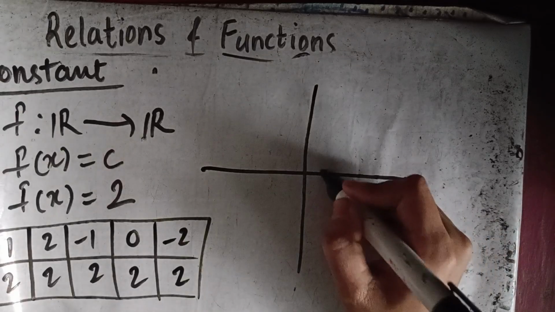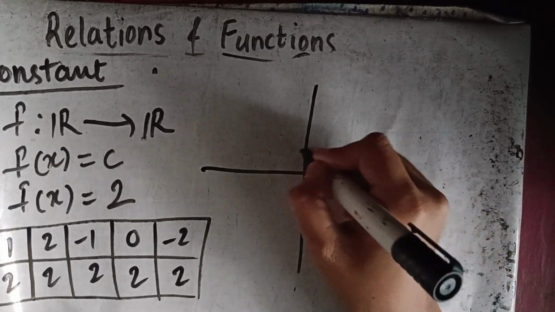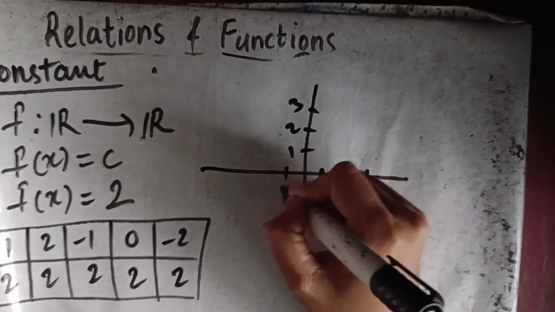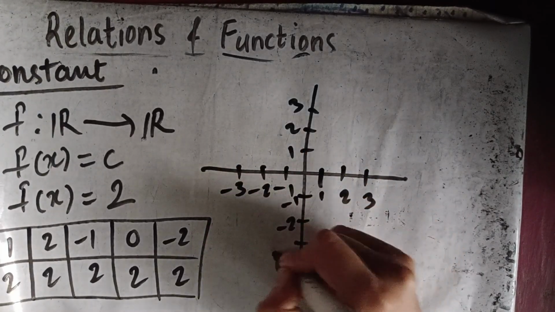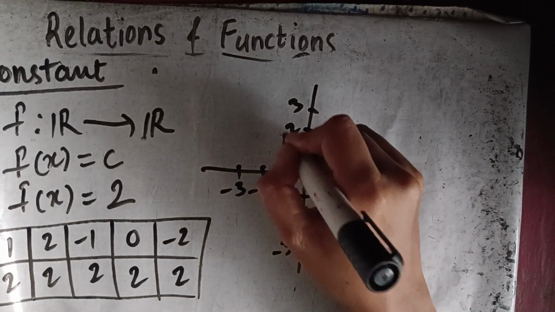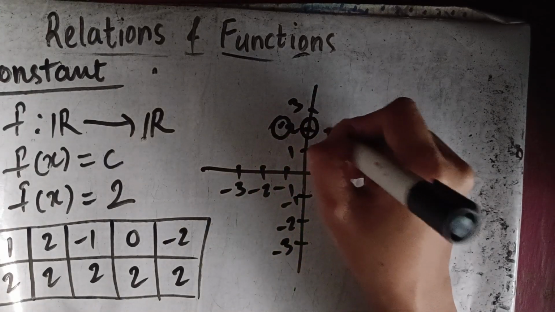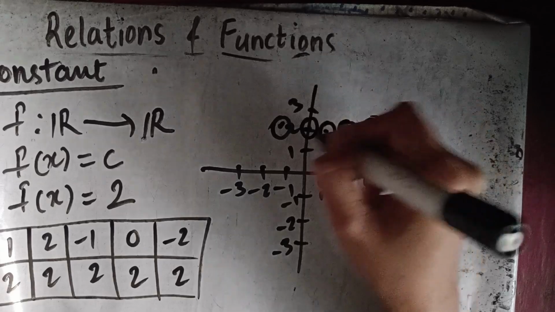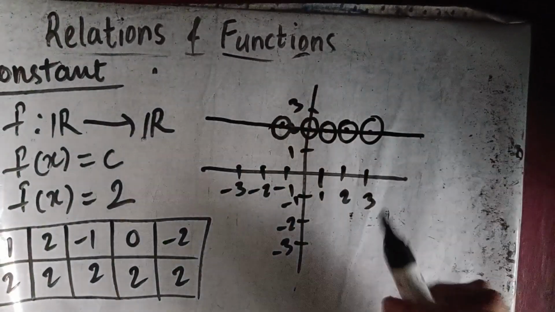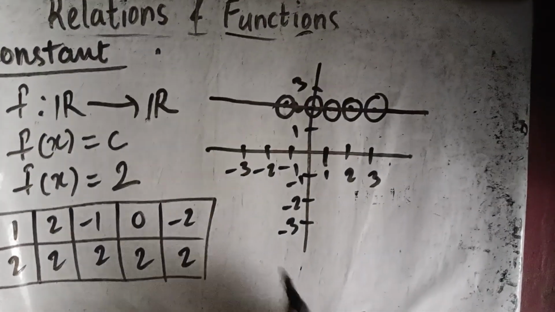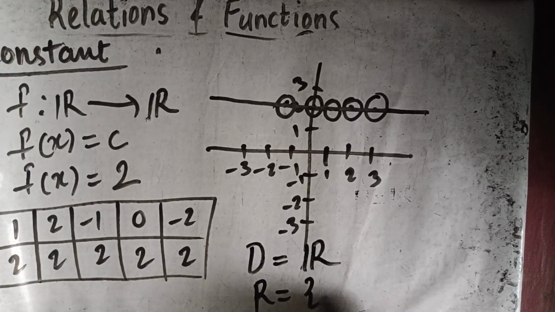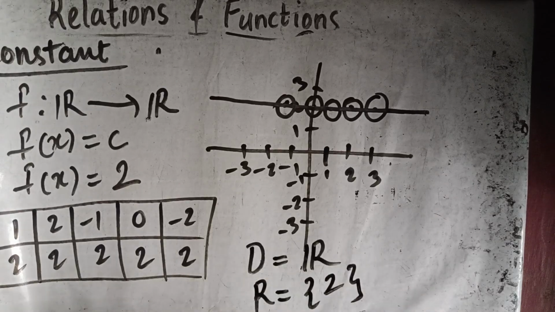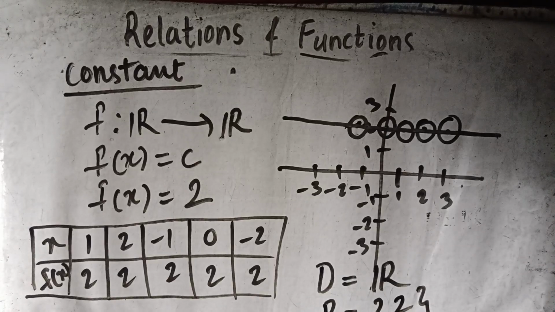So if I draw this, we'll get a line which is parallel to the x-axis. So here domain is the set of all real numbers and range is only the singleton set, which is 2, because all elements are mapped to only one element, that is 2.